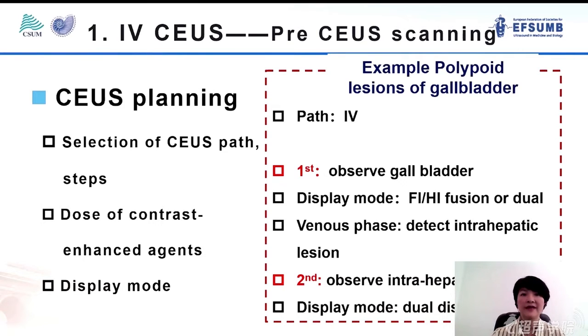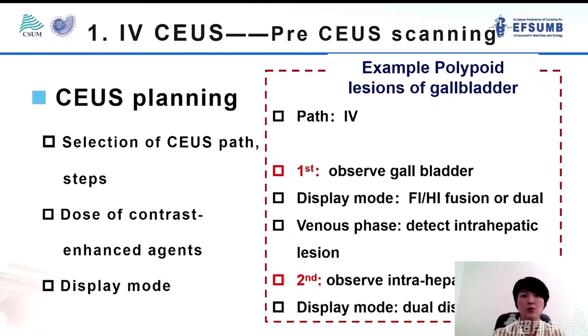Firstly, intravenous CEUS should be employed to evaluate whether blood perfusion exists in this lesion. By FI and HI fusion mode, we could precisely locate the lesion, while in the dual mode, whether there is contrast and its level could be more clearly observed. In the venous phase, the whole liver should be scanned to detect potential intrahepatic metastasis.